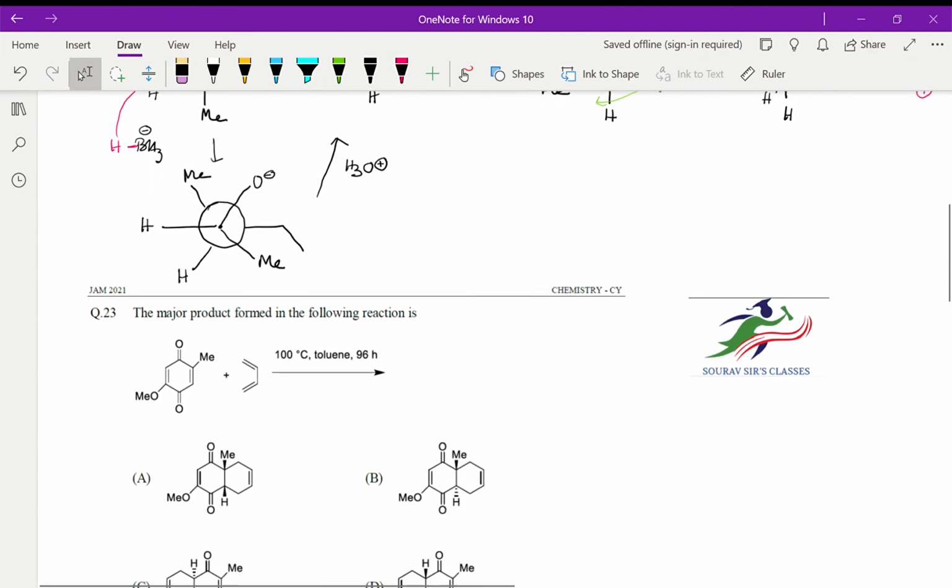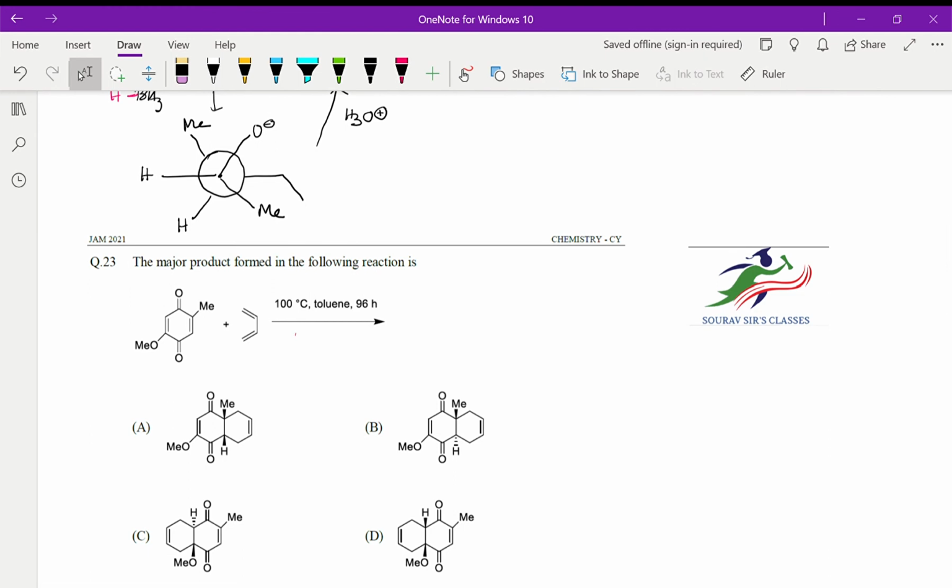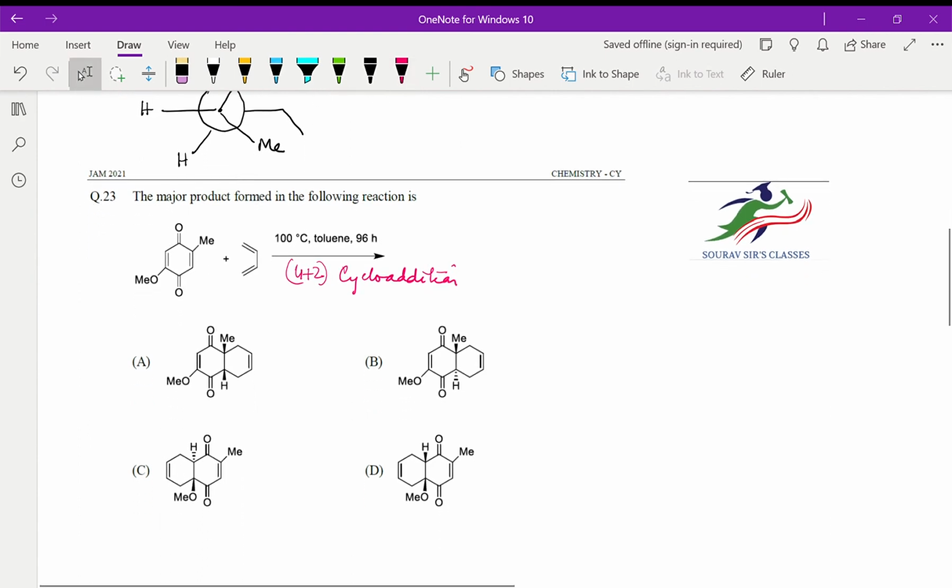Now, this is basically a 4 plus 2 cycloaddition reaction. All right, and this type of 4 plus 2 cycloaddition reactions are stereospecific.